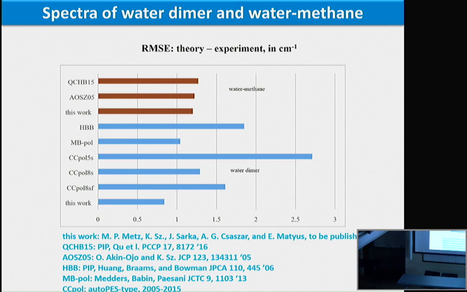I think it's fortuitous, but it's in the same ballpark as other calculations. What is interesting, however, is that both potentials are rigid, because this is with the published version of AutoPES, which deals with rigid monomers. Yet, apparently, the monomer flexibility effects are not that important for this system.